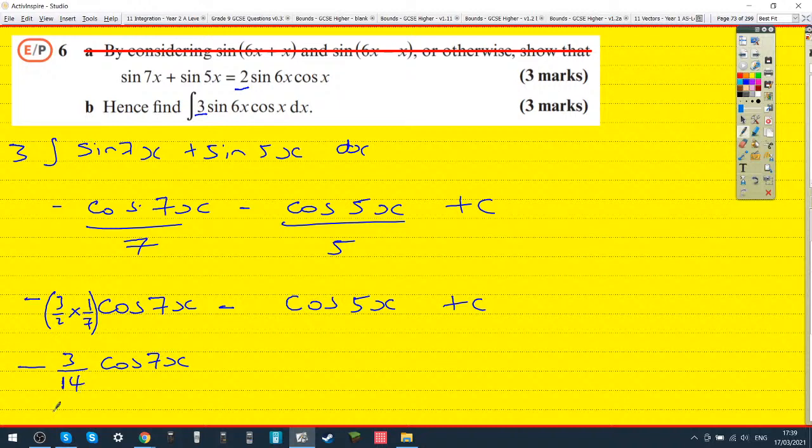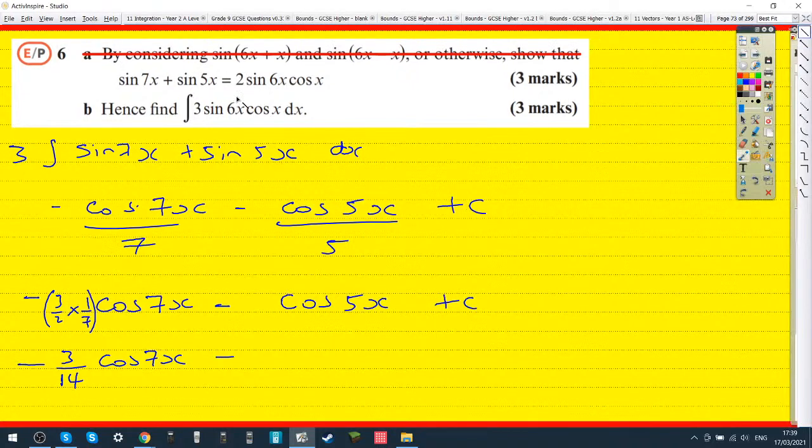Oh, sorry. And so what would be the coefficient for the other one? So I thought that they'd be exactly the same. They weren't exactly the same. That was a 2, that was a 3. Times by 3 over 2 as well.